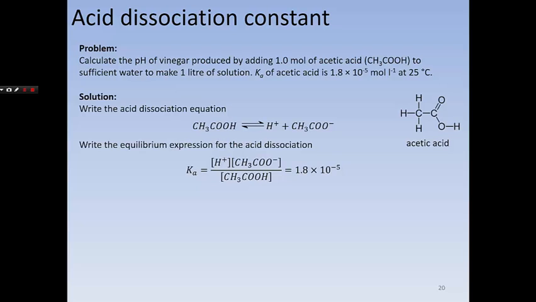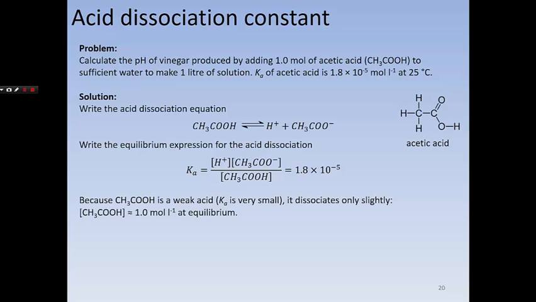Two assumptions are made on this slide. One, because acetic acid is a weak acid with a very small acid dissociation constant of 1.8 times 10 to the negative 5, its dissociation reaction favors the reactant very much.